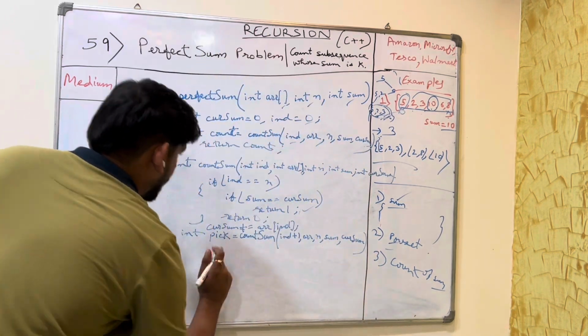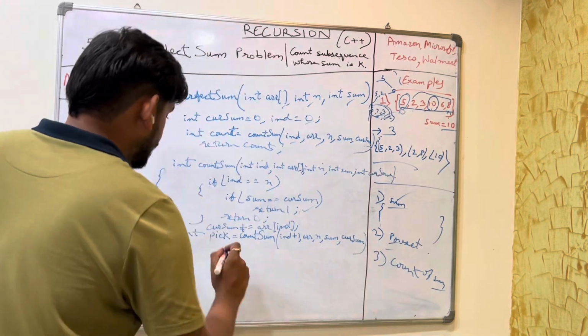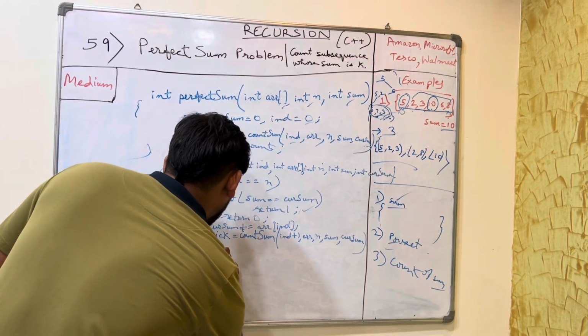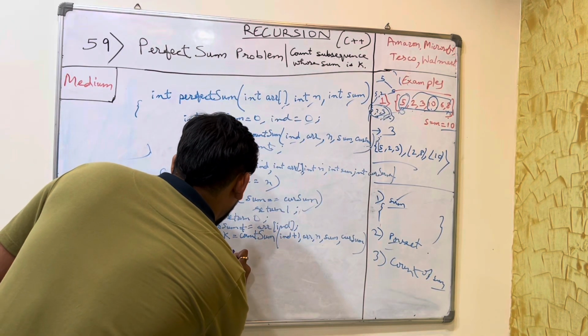So we have picked it. Once we have picked it, we'll again unpick it. We will just remove it, kind of backtracking.